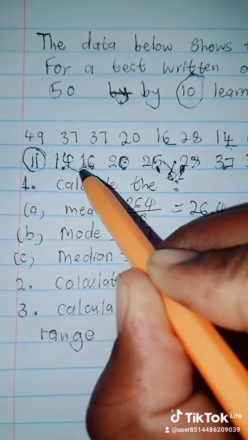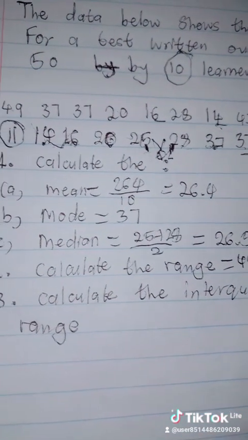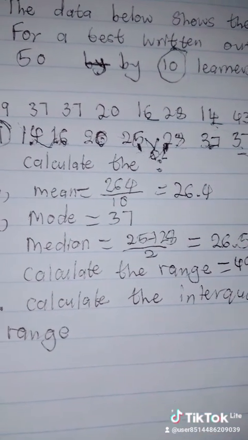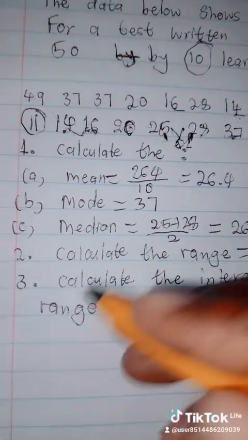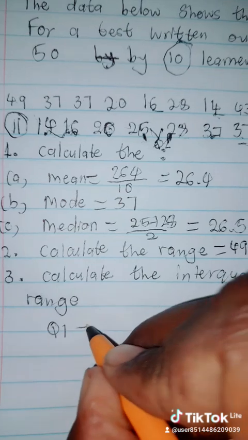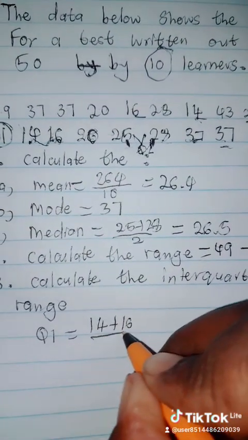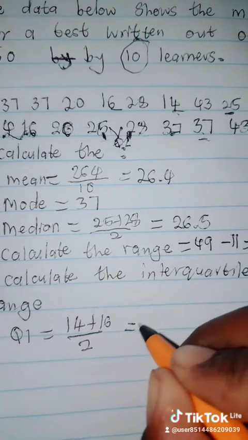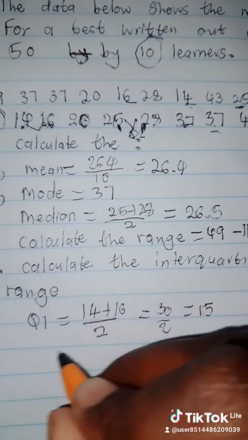So we're going to add 14 and 16 to find the lower quartile. 14 plus 16 is 30. Divide by 2, that will be 15. So the lower quartile is 15 in this case, right?